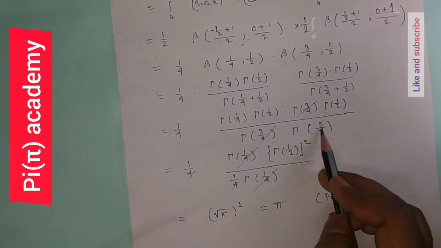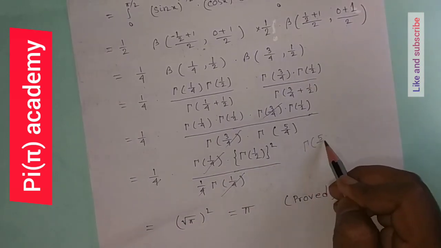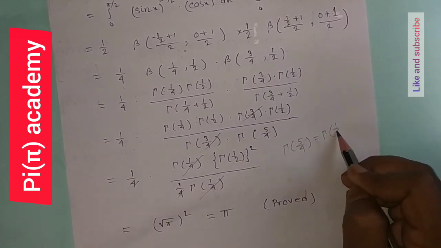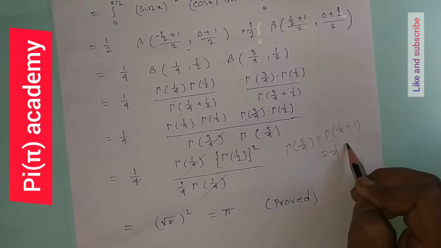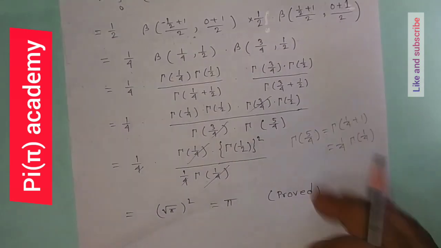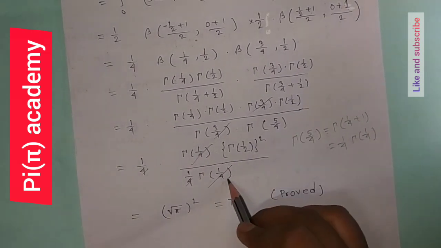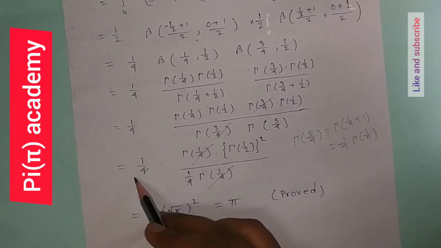And we can also write gamma 5 by 4, gamma 5 by 4 equals gamma of 1 by 4 plus 1, and this is also 1 by 4 gamma 1 by 4 by the rule. Therefore gamma 1 by 4 and gamma 1 by 4 cancel, and 1 by 4 and 4 cancel.